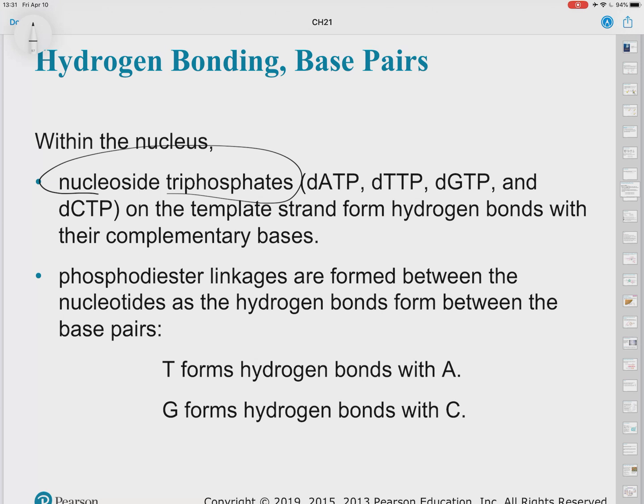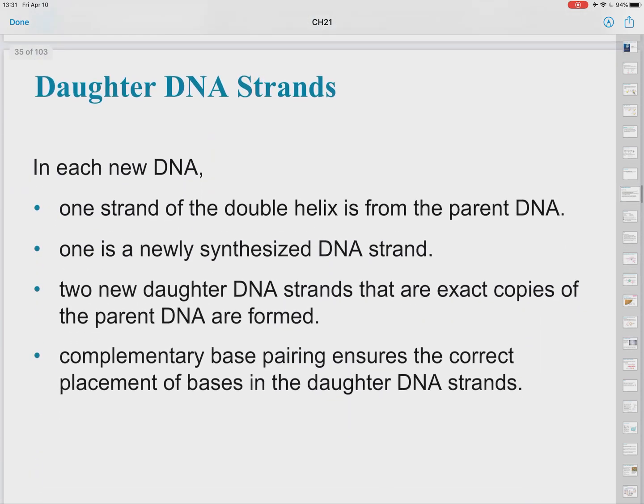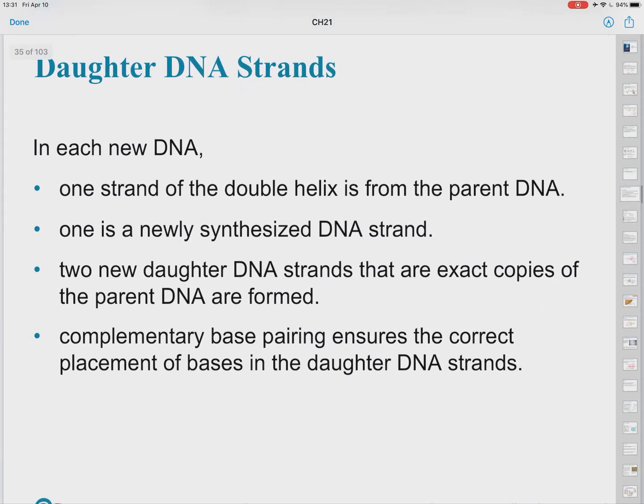Okay, so as the template strand is being read, every time DNA polymerase encounters a T, it's going to stick in a new A into that growing strand. It's going to be putting whatever would base pair with it, whatever would have normally complemented that nucleotide.